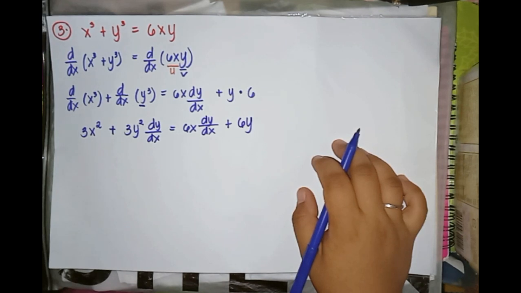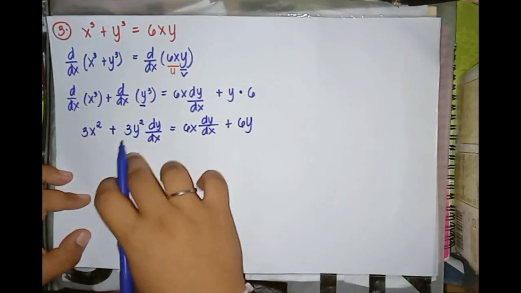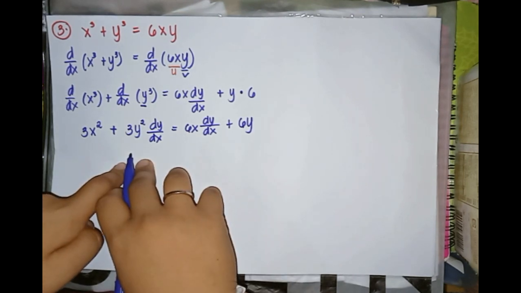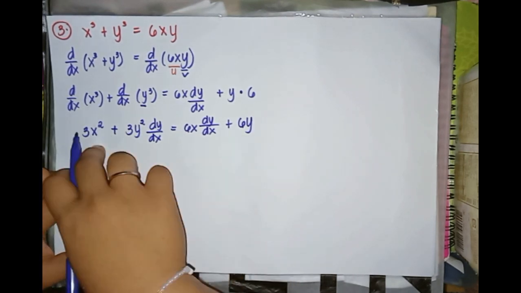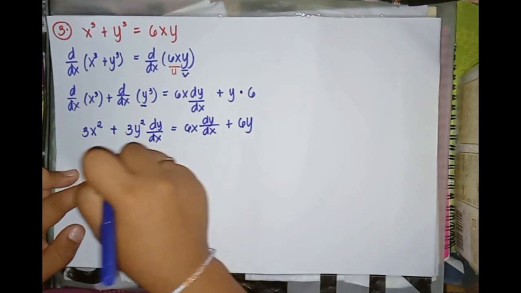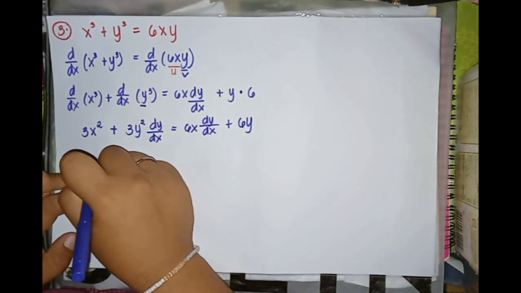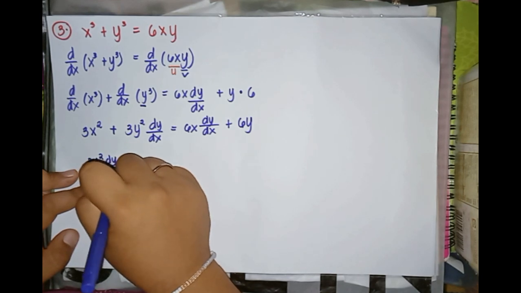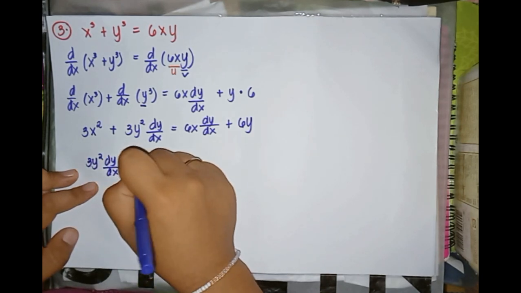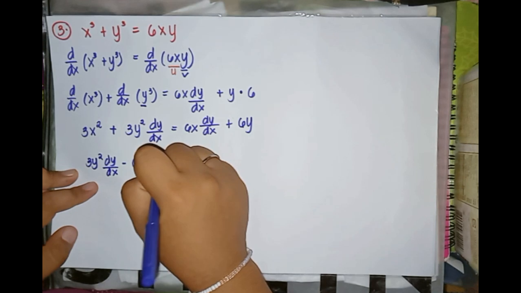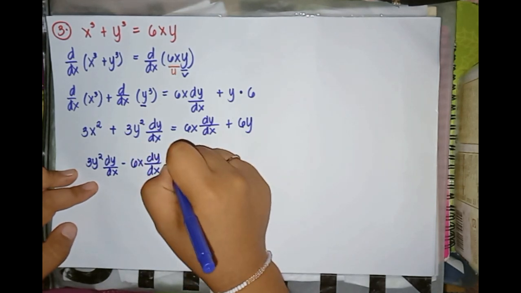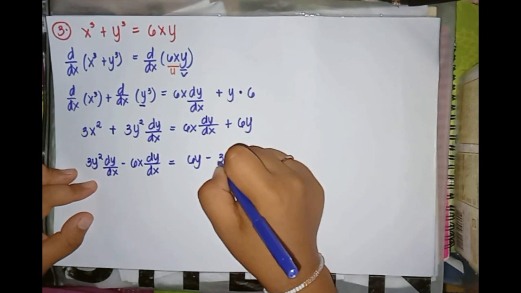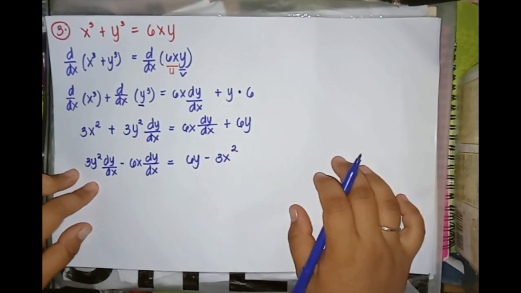So what we are going to do in this part is to arrange things. We are going to join those functions with dy over dx on them. So we've got 3y squared dy over dx minus 6x dy over dx is equal to 6y minus 3x squared.